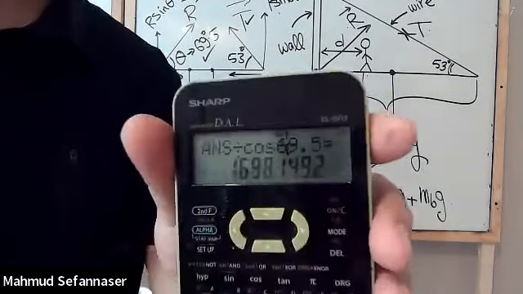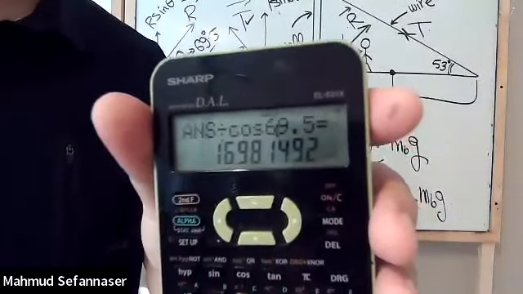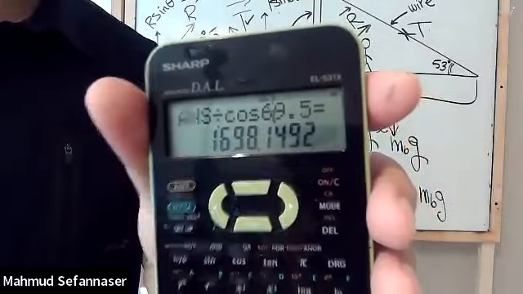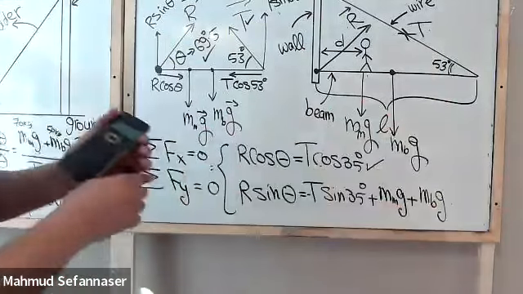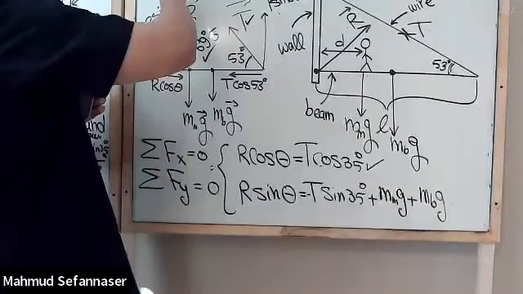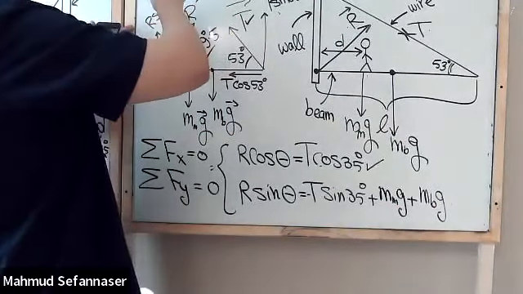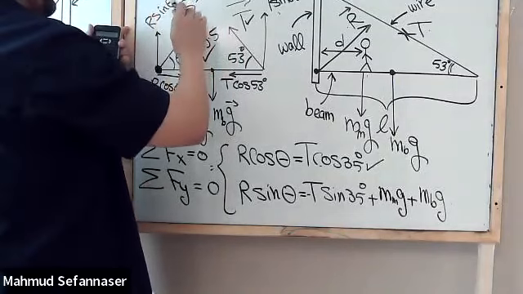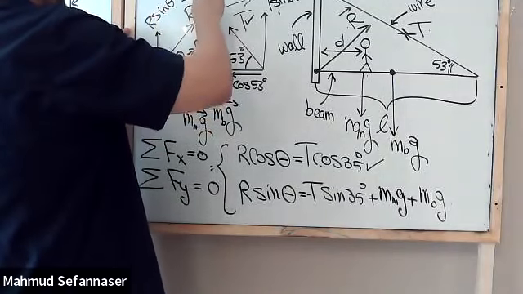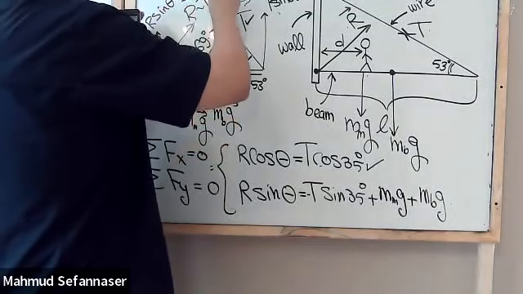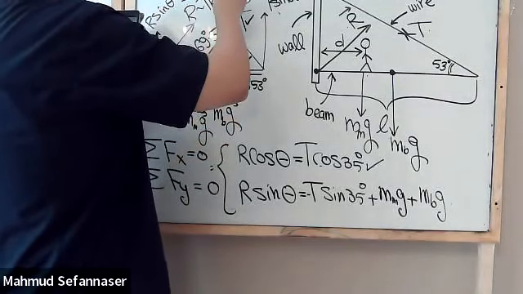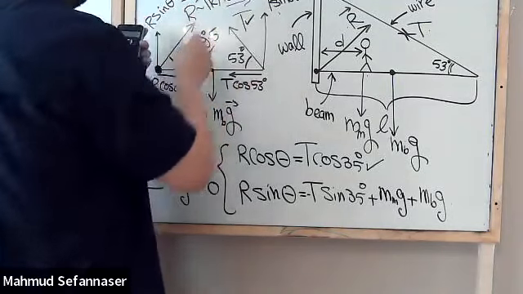So now you can see the answer here, guys. The answer is around 1,698, approximately. So you can see R as a magnitude, guys, is equal to 1,698 newtons.